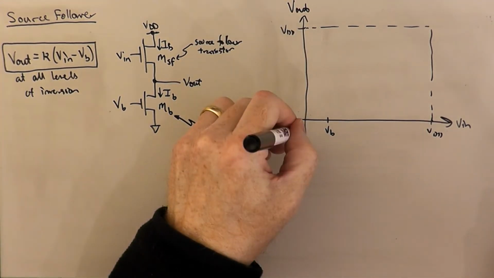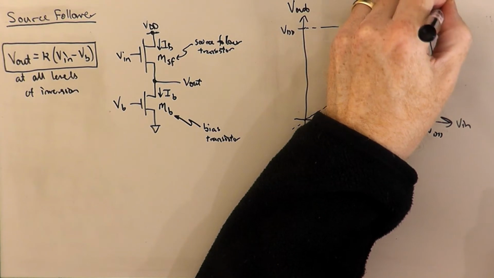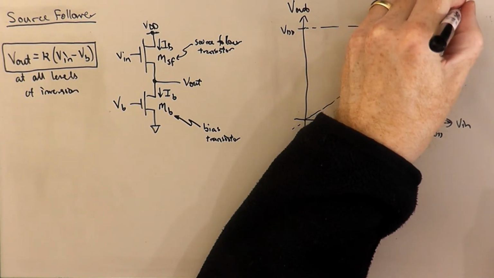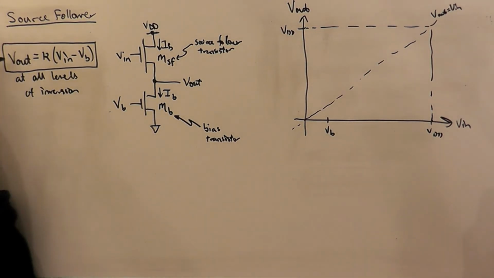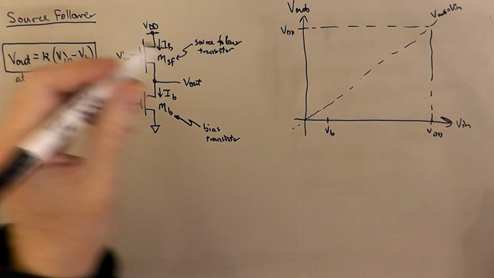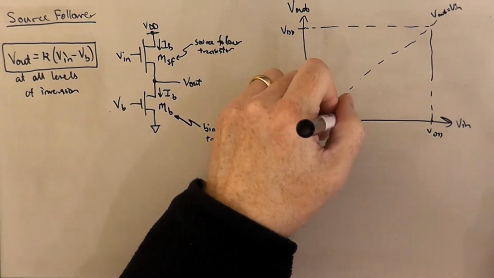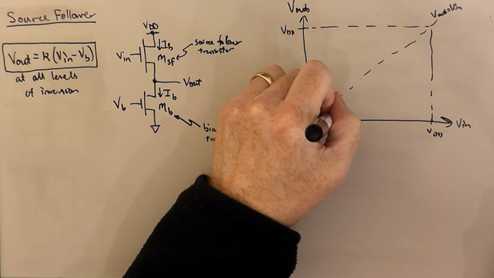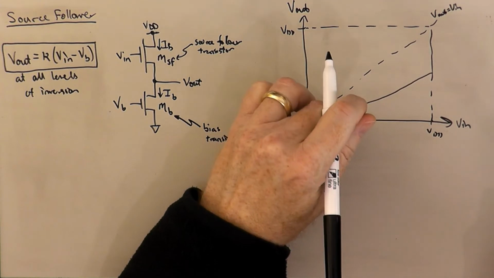And here's our identity line, Vout equals Vin. And here, Vout is going to be 0 on this model when Vin is equal to VB. And it's going to go up from there with a slope of kappa, which is less than 1. Something like that.